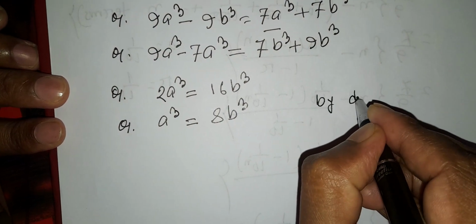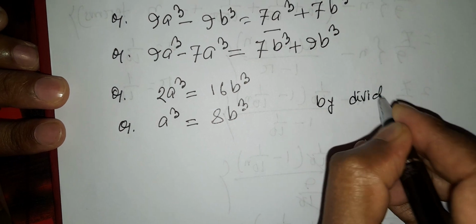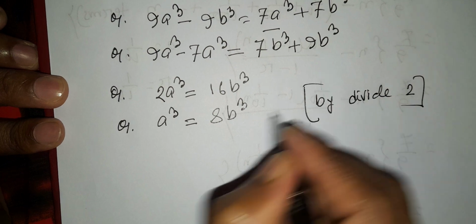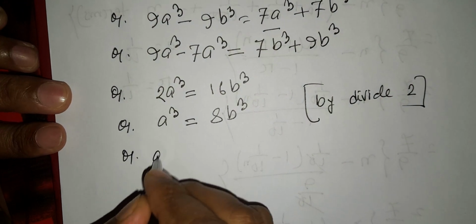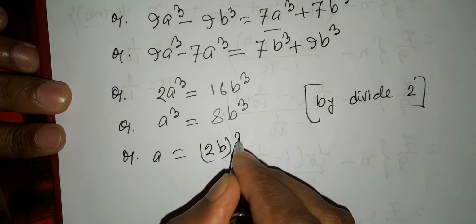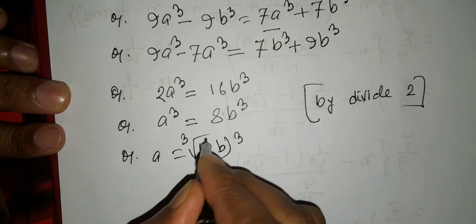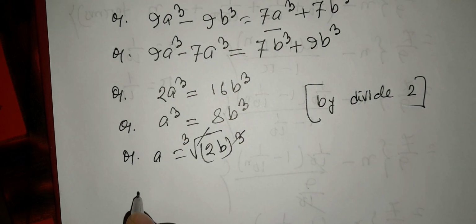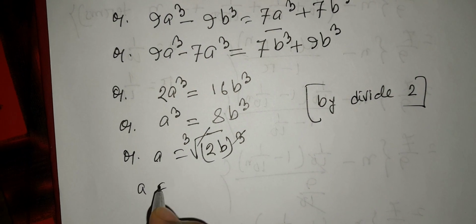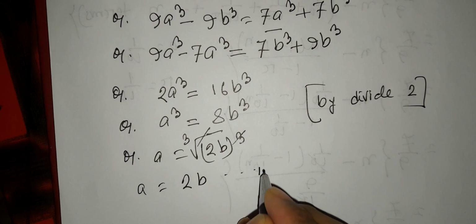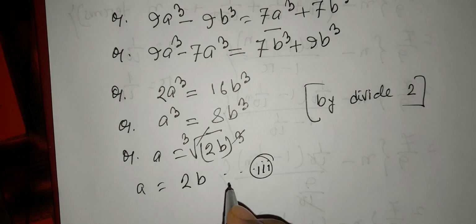Taking the cube root on both sides, we can write a equals 2b all cube and cubic root. So they cancel, so a equals 2b. It is equation number 3.